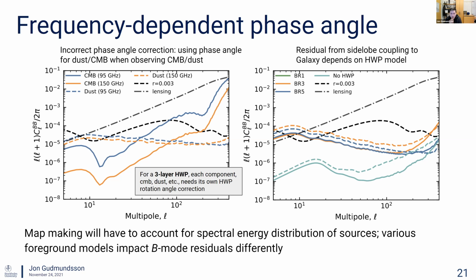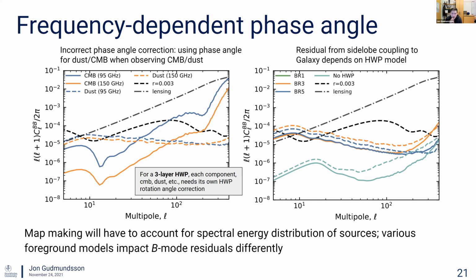So one thing that we found, and this was largely known, is the fact that a 3-layer achromatic half-wave plate induces significant bias in our maps, because essentially there's a significant frequency dependence in the phase shifts, depending on whether you're looking at the CMB or dust.